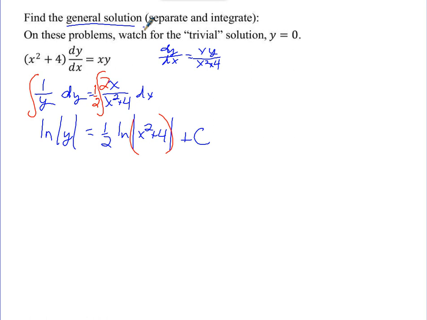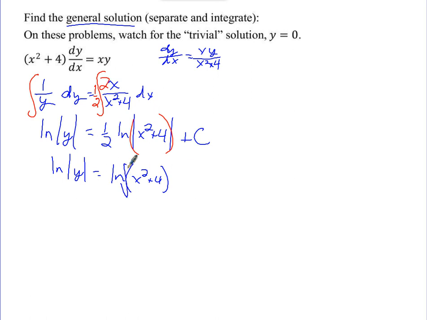Base e. Well, what about that 1/2 that's sitting out front? Make it an exponent. This 1/2 can live as an exponent over here, and then we don't have to worry about it anymore. So now we have the natural log of the absolute value of y equals the natural log of x squared plus 4 to the 1/2. To the 1/2 power means square root.